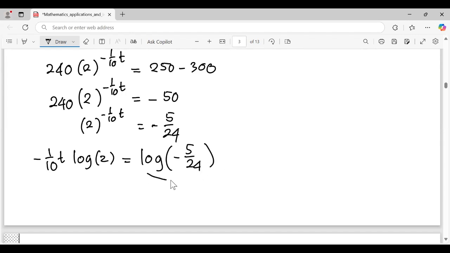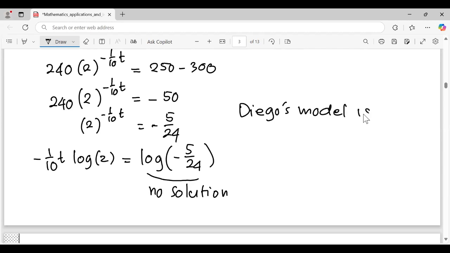But for log of minus 5 over 24, there is no solution. So in this case, Diego's model is not appropriate.